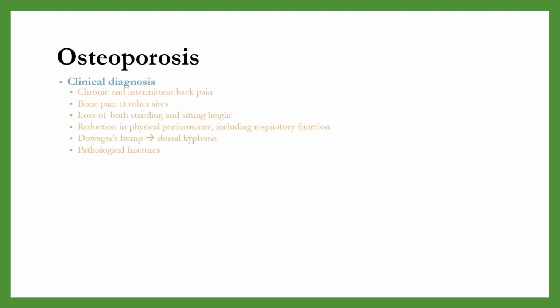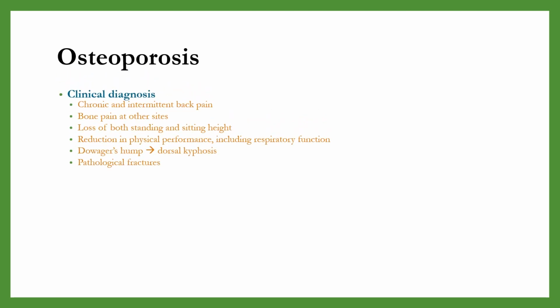The clinical diagnosis of osteoporosis includes chronic and intermittent back pain, bone pain at other sites, loss of both standing and sitting height, and reduction in physical performance, including respiratory function. There is also Dowager's hump or dorsal kyphosis, and pathological fractures.